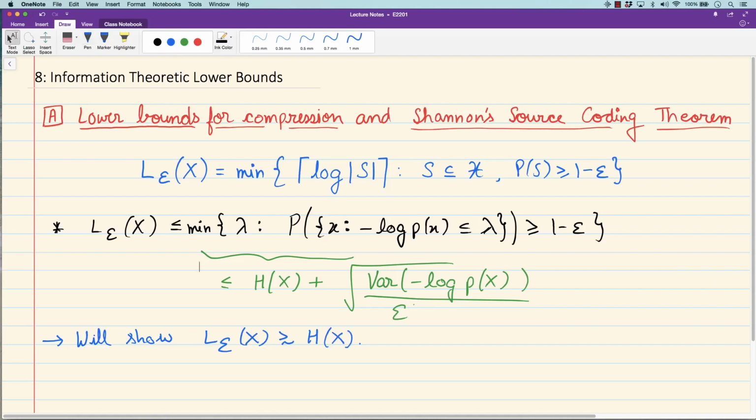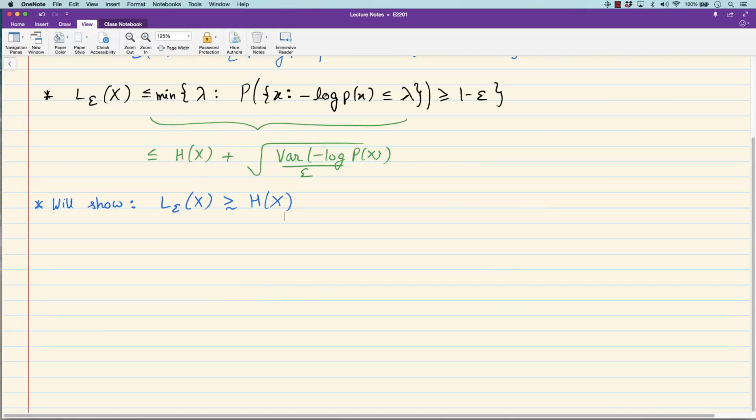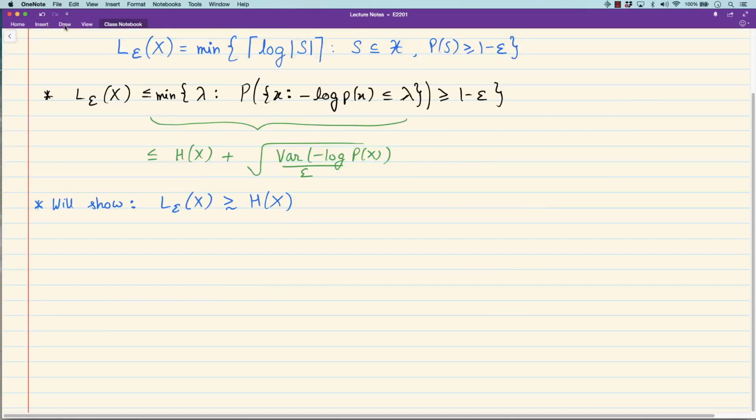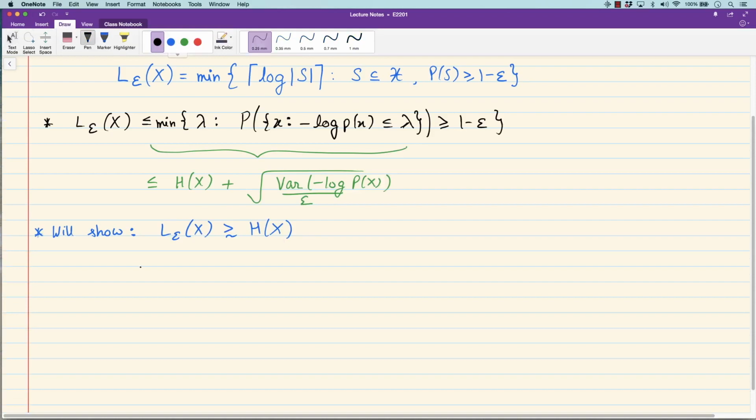So how do we show this formally? To show this bound formally, we first note an alternative expression for L epsilon x. Instead of defining it in terms of sets, we want to define it in terms of mappings.